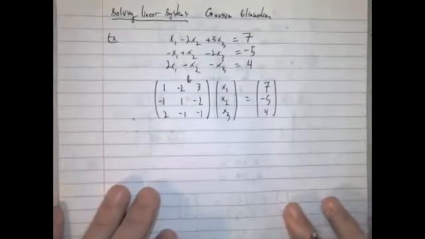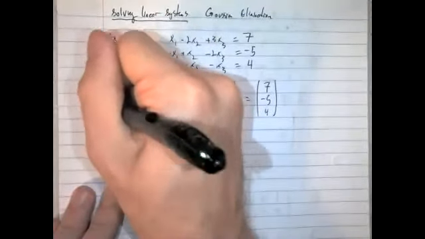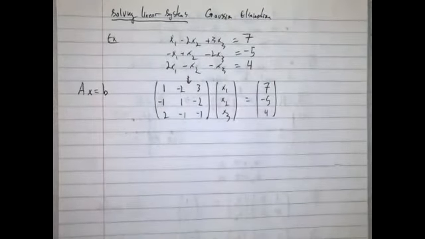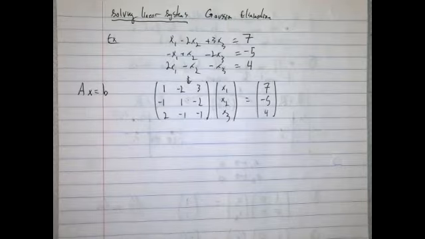I've translated this linear system into my concise form Ax equals b. And I'm wondering if this has a solution and what the solutions are if they exist. Are we all right with this?